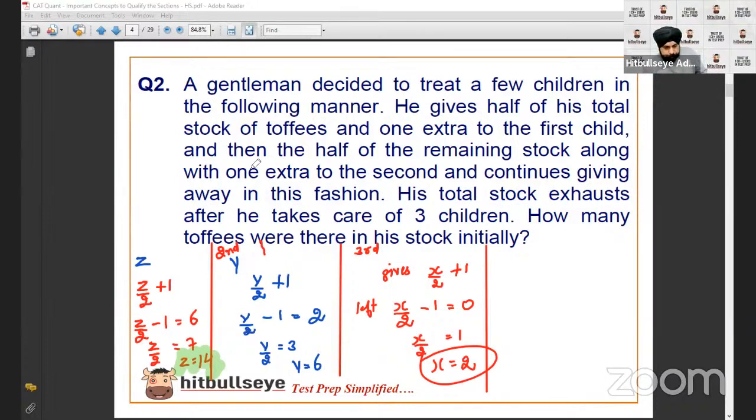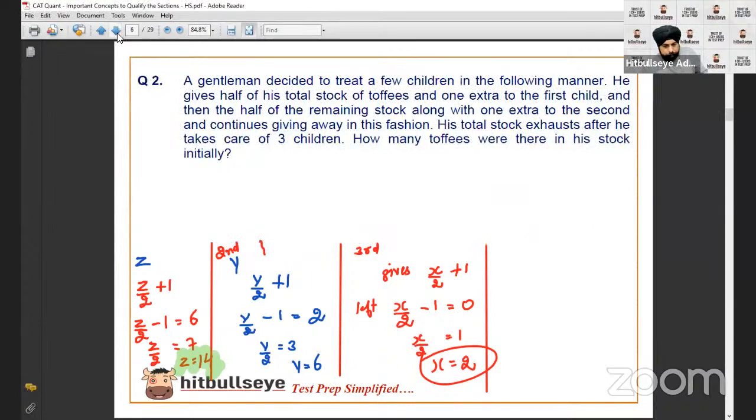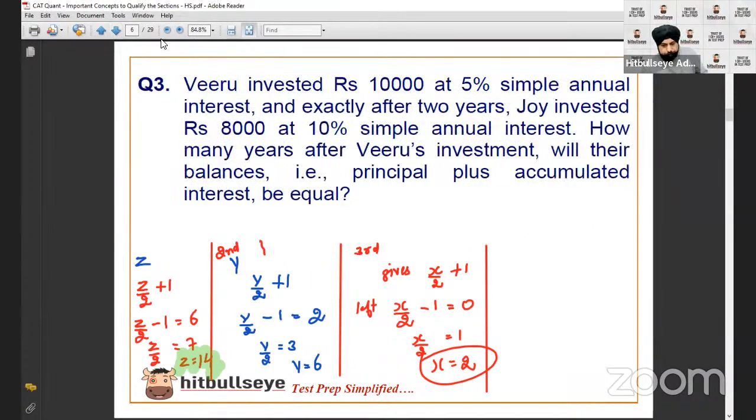Let's proceed further and answer the next question, which is this. Try and solve it, people.